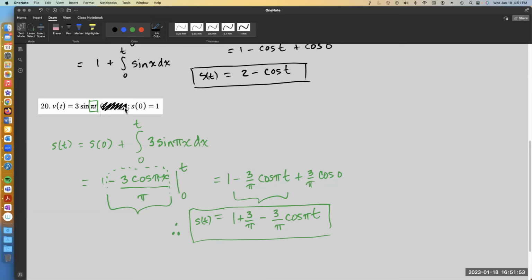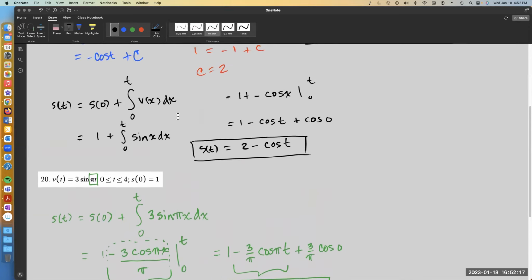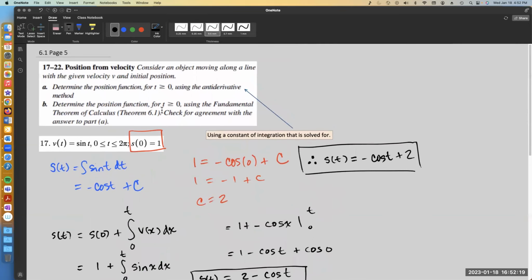And so them giving us that 0 to 4 interval, like if I gave you that interval 0 to 4, I would ask some other questions. I would say, what is the displacement on that interval? What is the distance traveled on that interval? Like, it's kind of funny that they gave us that interval at all, actually, because of what you just said. But just whenever I see that, I'm thinking definite integral right away. Absolutely. And I would think that way also. It's just that they don't ask us.